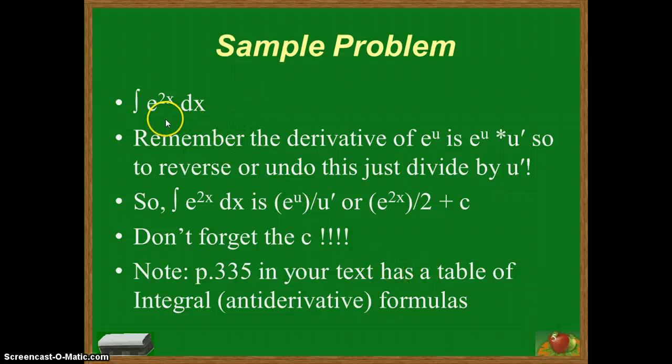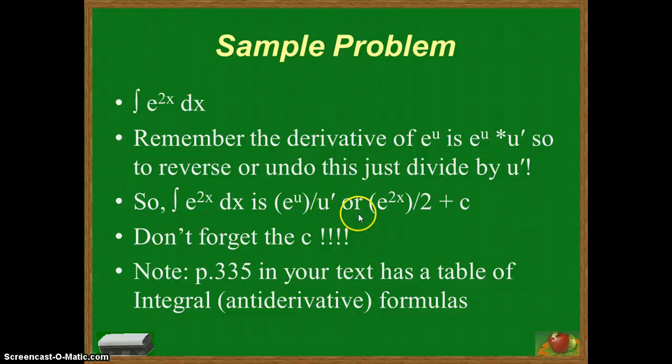Alright, here's another sample problem. Let's say I want the integral, or antiderivative, of e to the 2x dx. Well, remember the derivative of e to the u is just e to the u times u prime. So to reverse or undo this, just divide by u prime. So the integral of e to the 2x dx is e to the u divided by u prime.